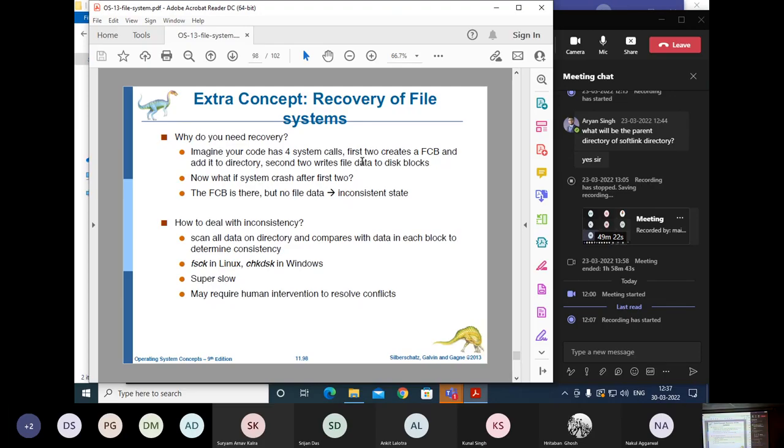Say the first system call, the FCB creation call, succeeded, but because you just rebooted your computer, the second did not. Now you have an FCB which doesn't point to any data blocks. That's also corruption. It's easy to handle corruption. You can just go over the FCBs and find out if an FCB has no data blocks.